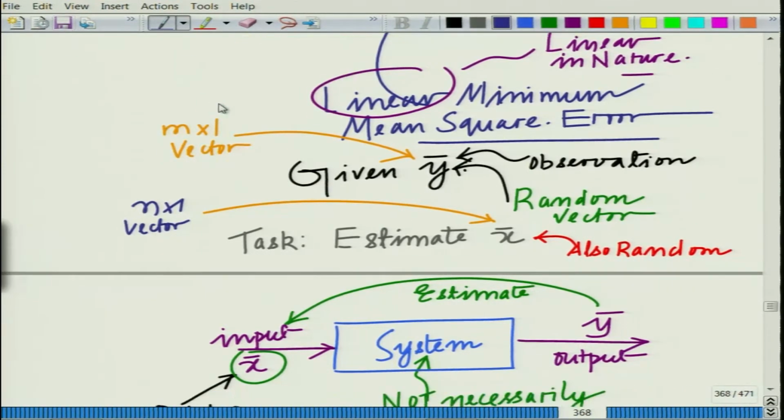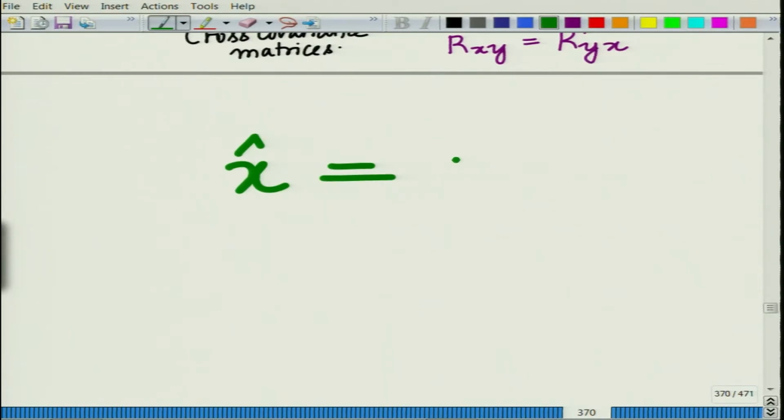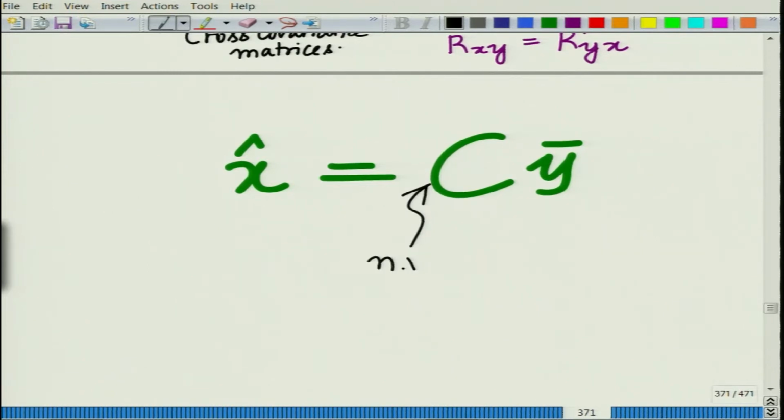Now, the idea here is to determine the estimate x hat equals C times y bar, where naturally this matrix C is going to be, I am sorry, since y bar is m cross 1 and x bar is n cross 1, an n cross m matrix.